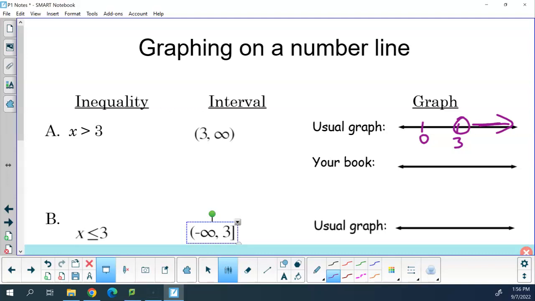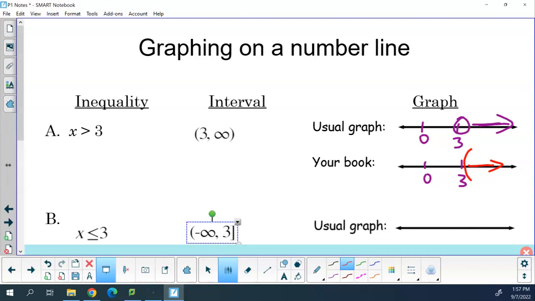All right. Your book is going to put a 0 on there and a 3 on there. But instead of using an open circle, they're going to bring the notation of a parenthesis over to the graph. Instead of an open circle, they're going to put a parenthesis on the 3 and shade to the right.